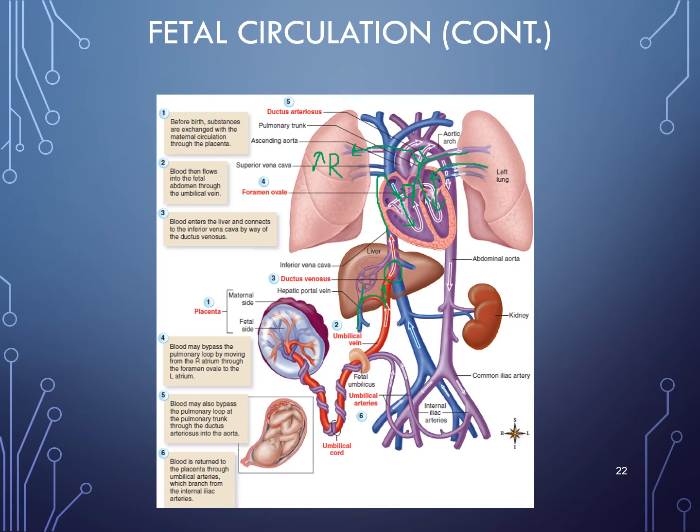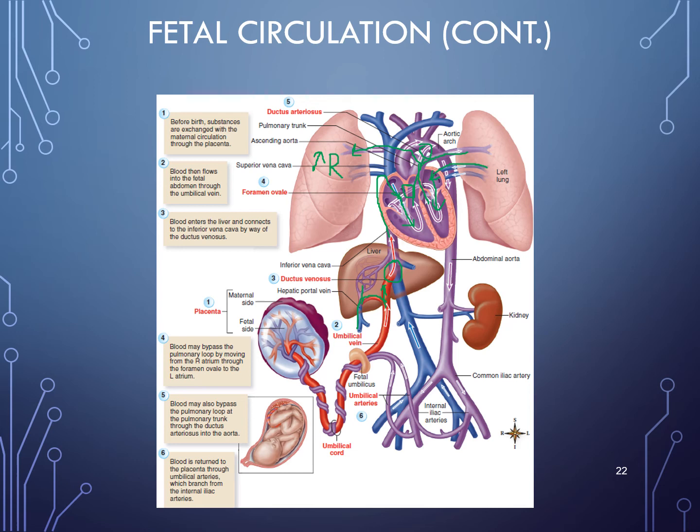The ductus arteriosus is here, and it is an opening between the pulmonary artery and the aorta. So these are kind of like pressure release valves, if you will. Blood is going to be shunted from the pulmonary artery directly over to the aorta.